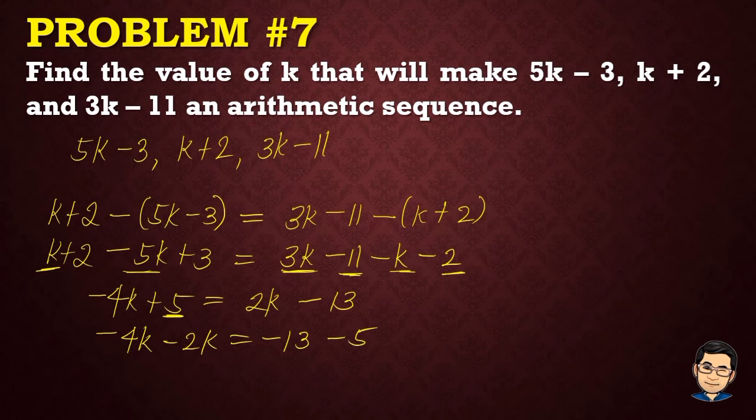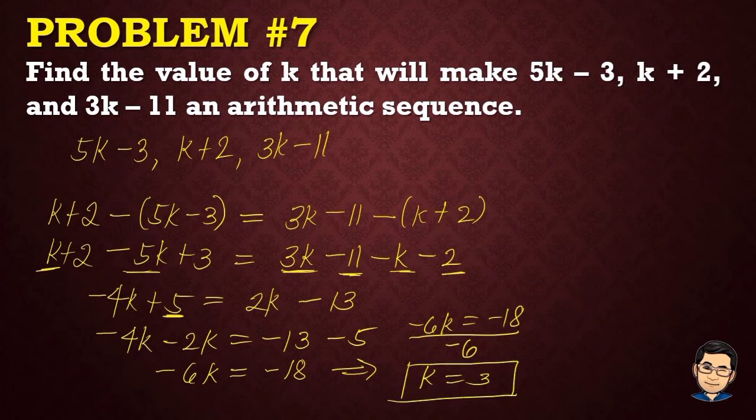And then, negative 4k minus 2k, that is negative 6k, equals negative 13 minus 5, that is negative 18. So, i-write lang natin dito. So, negative 6k is equal to negative 18. And then, we divide the whole equation by negative 6. So, k is equal to 3.